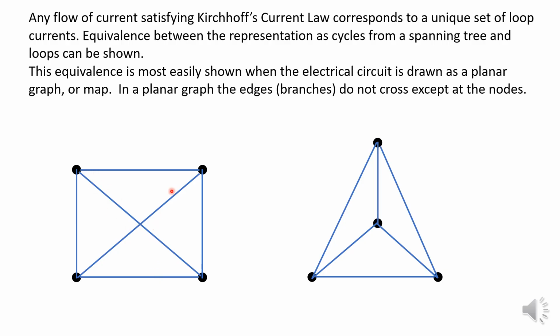And here you have these 6 branches. You have all possible pairs joined by a branch. Now, the circuit on the left is not drawn as a planar graph because here you have edges or branches crossing.